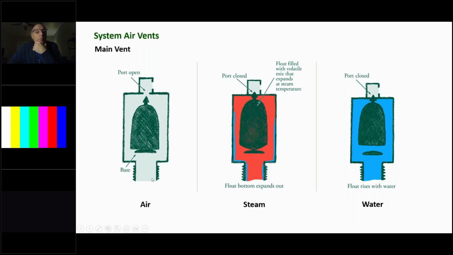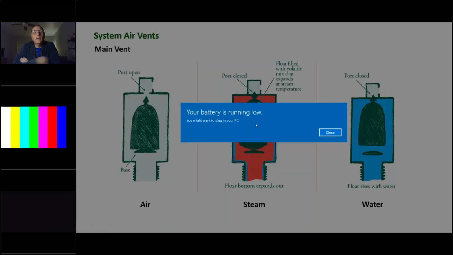But it operates on the same principle as the smaller 1As or number 40s, which is a non-adjustable one-pipe steam vent. The 75 sits inert, open to the air, allowing air into the system. As the steam rises in the radiator or main line, it will hit that vent and heat up the volatile mixture inside of that float, which will expand to close the port and keep it closed.